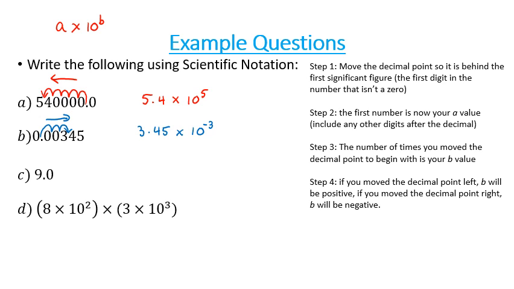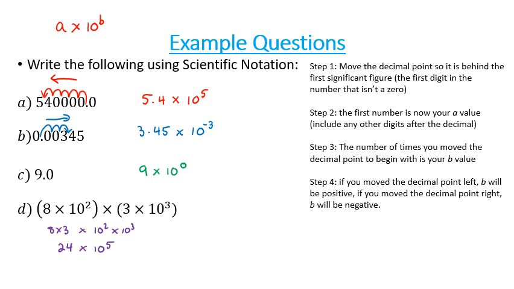If we look at our third example, we've already got the decimal point behind our first significant figure. So this is simply 9 by 10 to the power of 0 because we haven't moved it at all. And in our last example, we can expand these brackets and go 8 times 3 times 10 squared times 10 cubed, which gives us 24 times 10 to the power of 5.